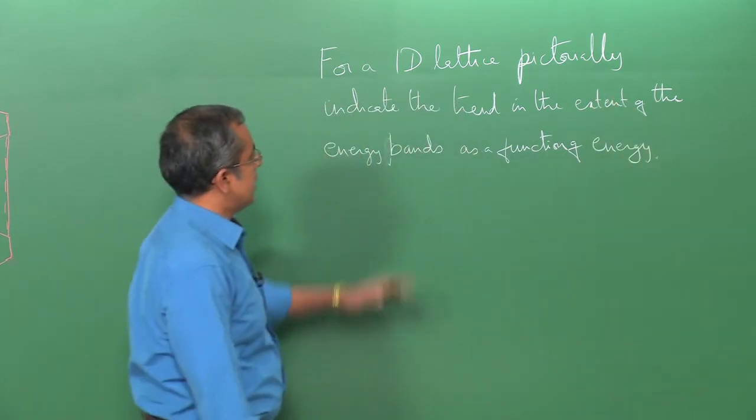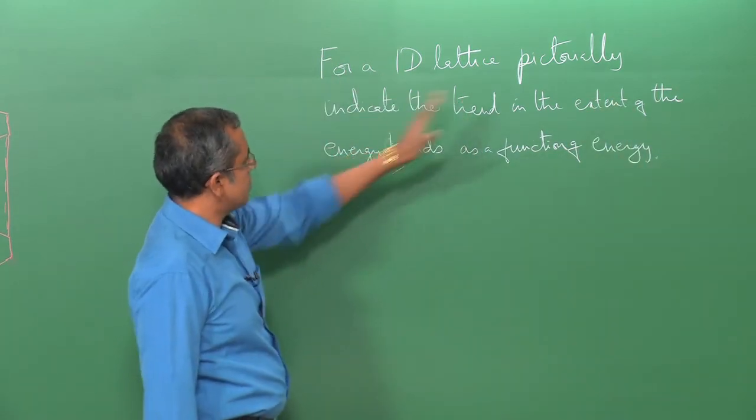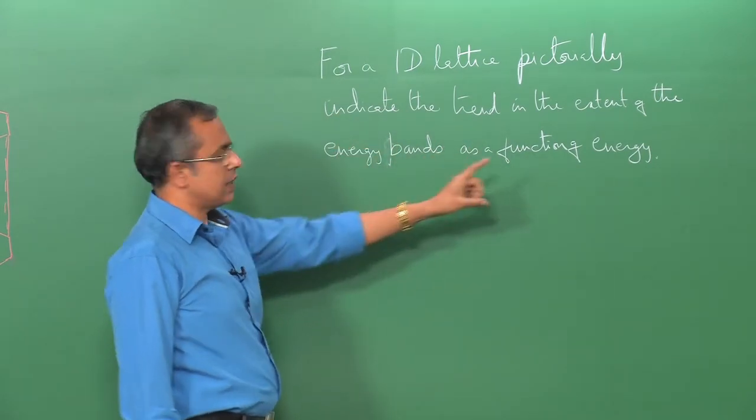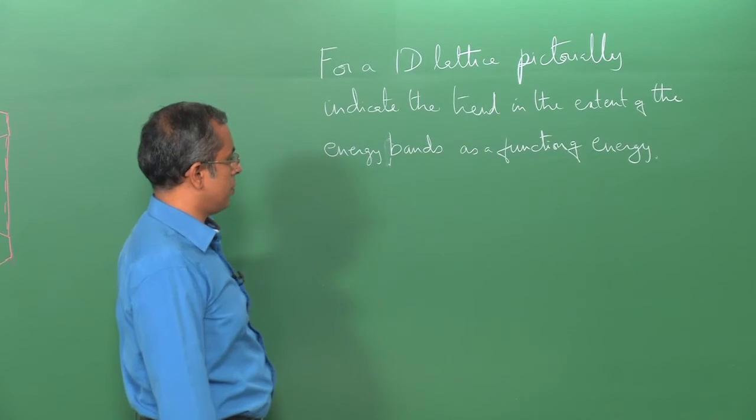So, we are basically looking at a 1D lattice. We would like to pictorially indicate the trend in the extent of the energy band as a function of energy. So, that is basically what we want to do.